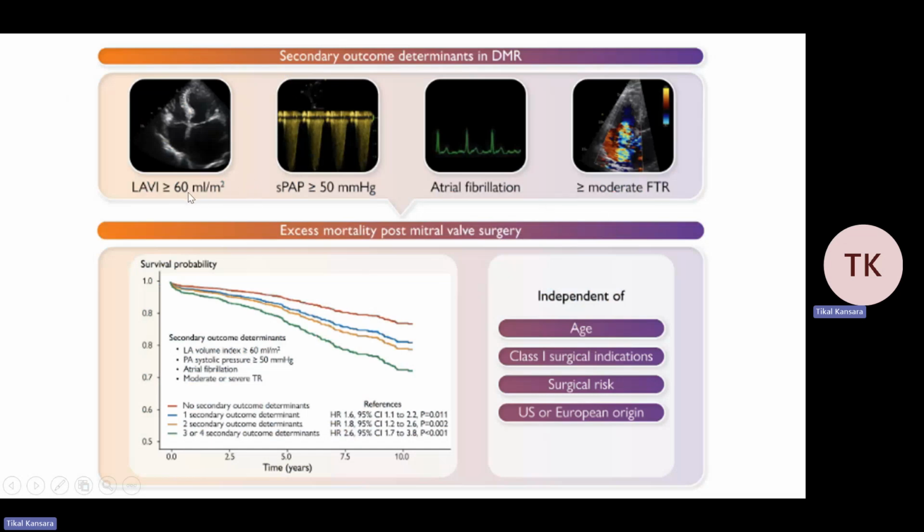And they found that LAVI of more than 60, pulmonary artery systolic pressure at rest, very important, of more than 50, AFib, and moderate to severe MR, they all were independently associated with increased mortality even after surgery. And if there is a combination of these factors, it's a problem for them, because almost 30% of the patients die in 5 to 7 years. So that's a big number.